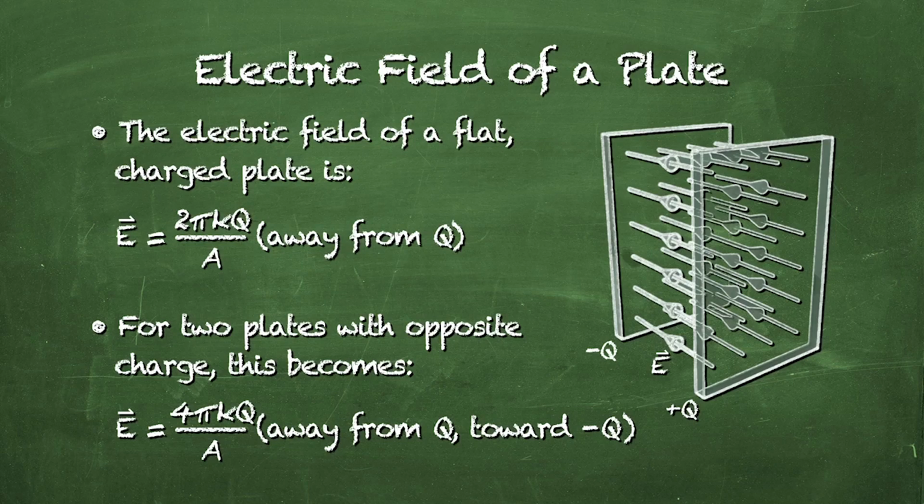And this is a situation that we'll encounter in future situations. So please bear in mind that when you have large flat plates, you have a constant electric field, and we actually can now calculate the electric field in between those large flat plates.